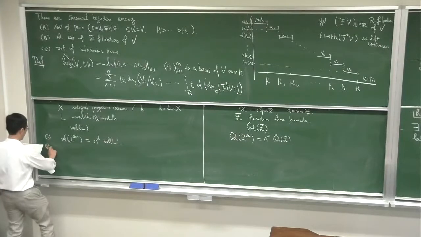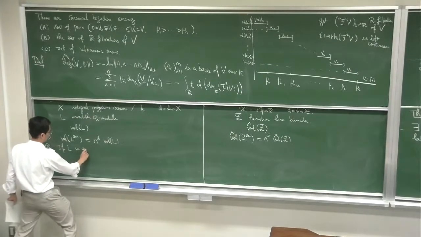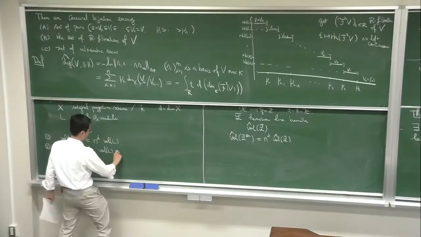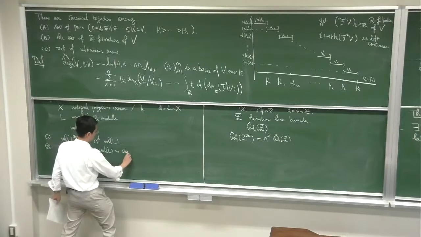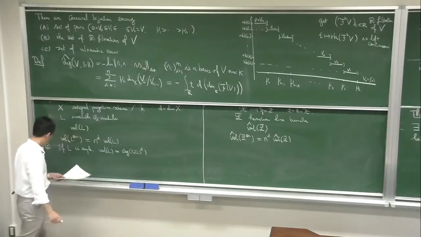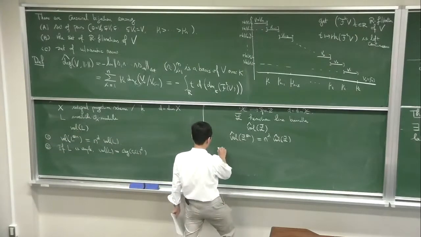So if L is ample, then such volume of L can be computed as the degree of the intersection product. Here we also have the same thing.